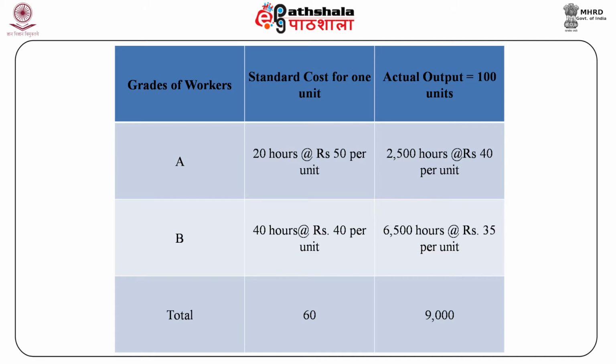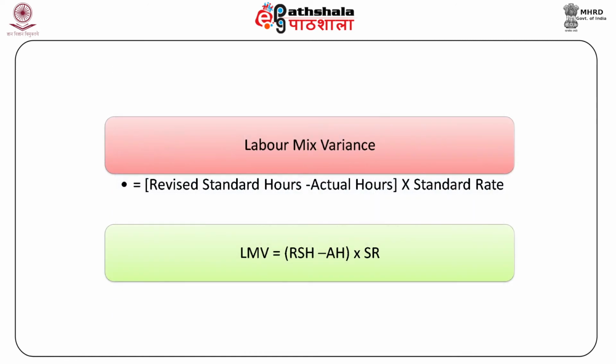Let us make the basic calculation by making the labor input cost comparable for the actual output produced. Labor mix variance would be equal to revised standard hours minus actual hours into standard rate. RSH is equal to 2000 upon 6000 into 9000, which is 3000 hours.